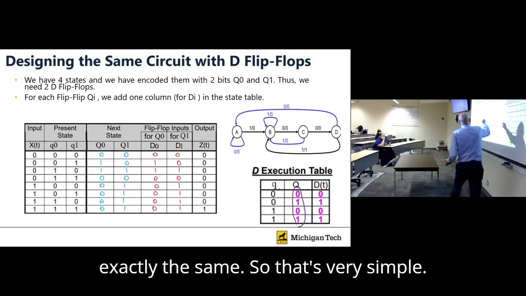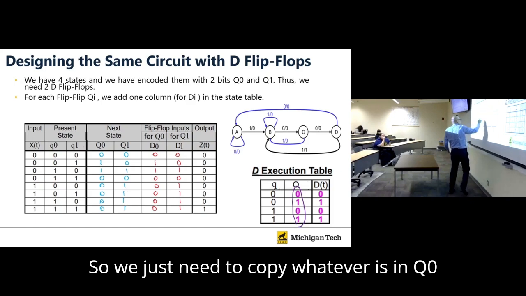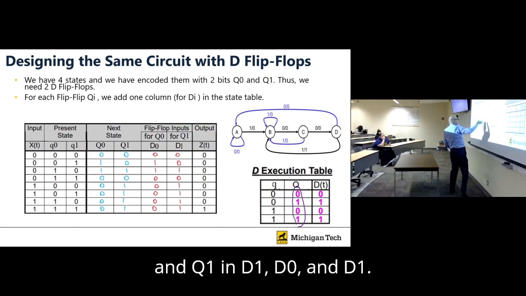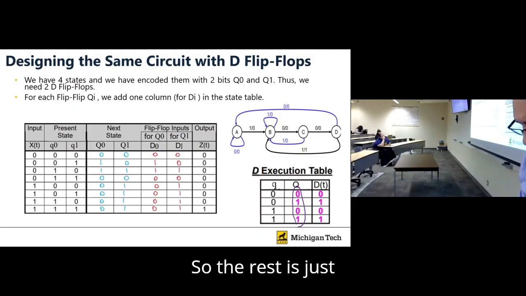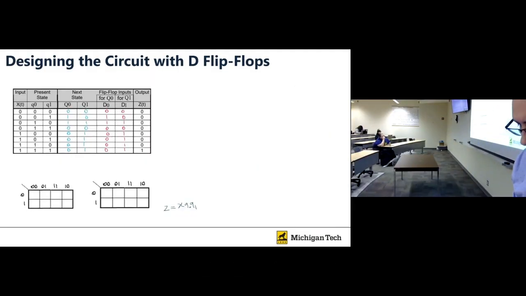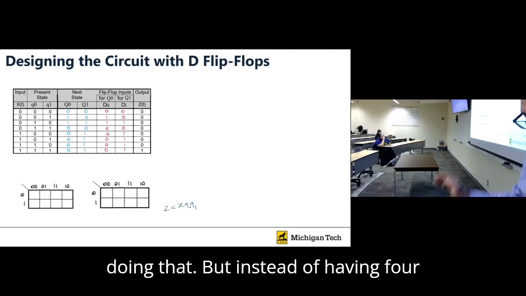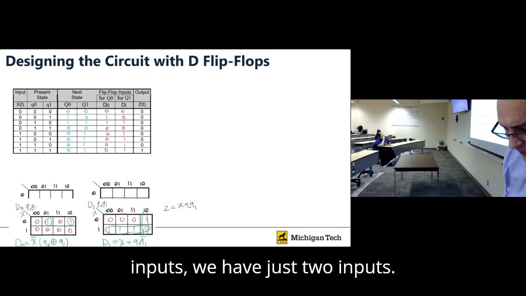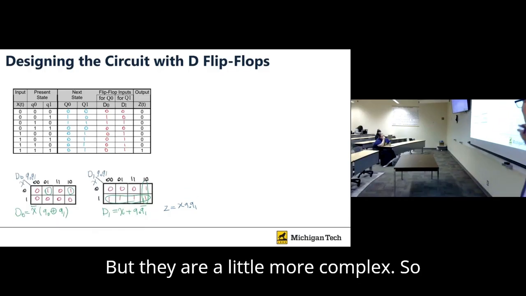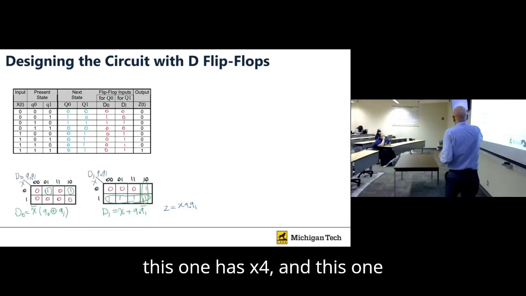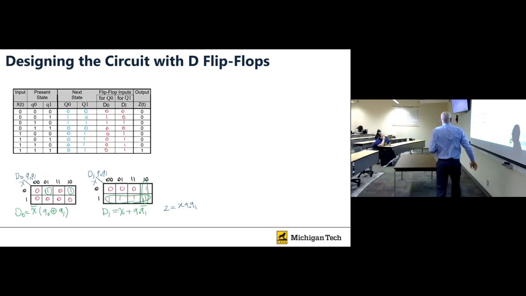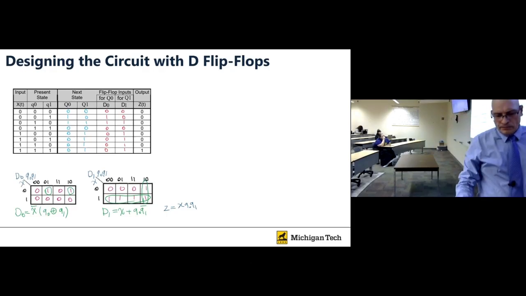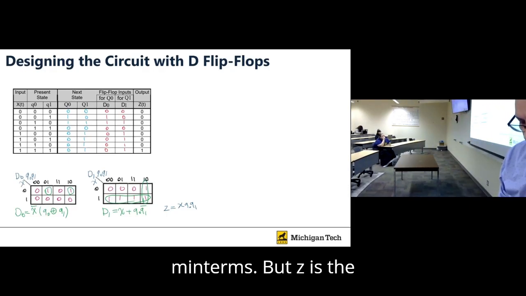So that's very simple. We just need to copy whatever is in Q0 and Q1 into D1 and D0. The rest is just doing that. But instead of having 4 inputs, we have just 2 inputs, but they are a little more complex. So this one has an XOR, and this one also has 2 min terms.